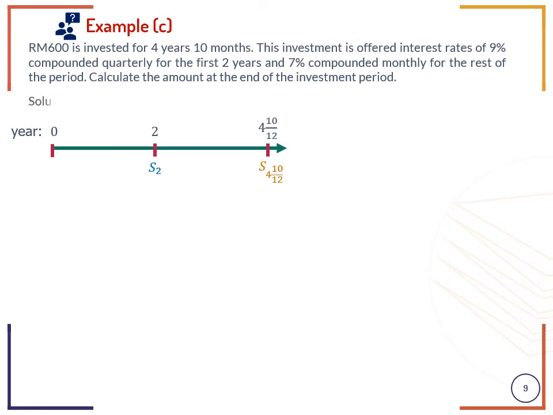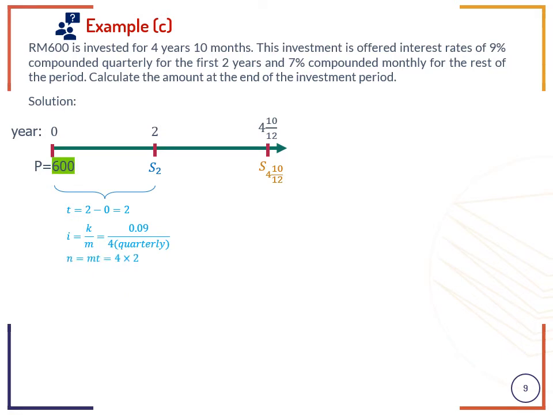Firstly, identify all the important values. At the beginning of investment, P is equal to 600. From year 0 until year 2, T is equal to 2 as 2 minus 0. I with the formula of K over M is equal to 0.09 over 4.